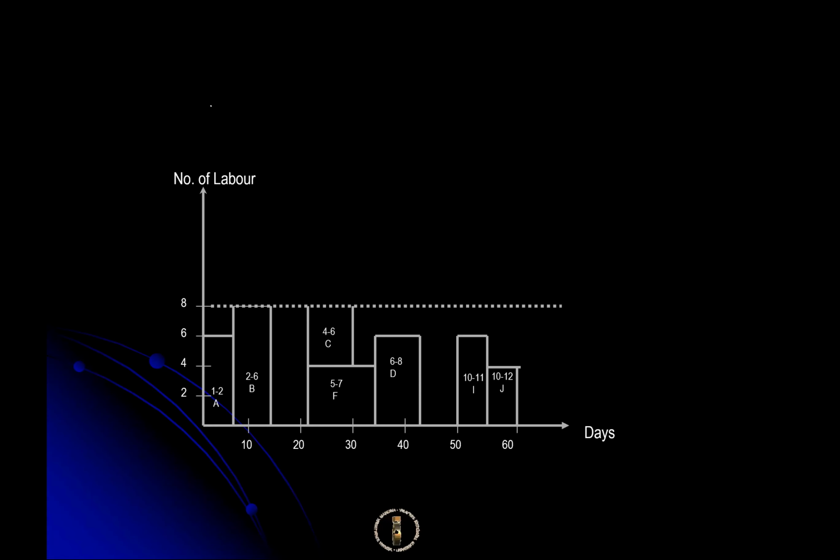You notice that in this graph, activity A only requires 6 people. This one is 8, and then there is no activity going on after B, and then only start with C and F. What happened is that the dotted line here, we want to set the limit.